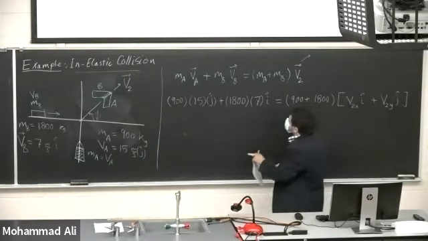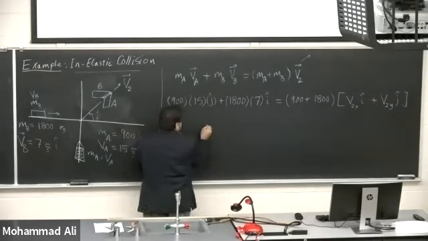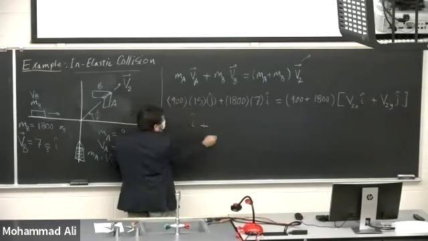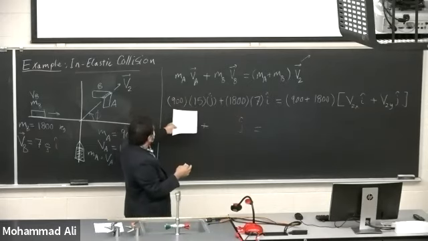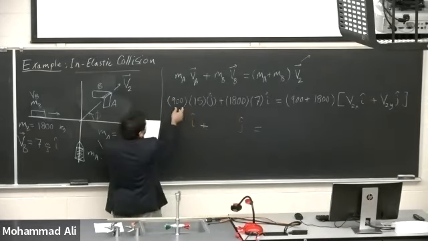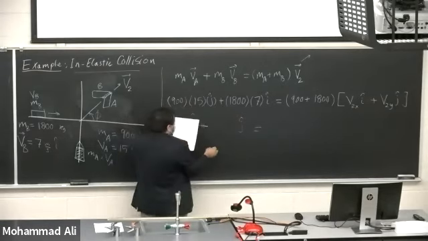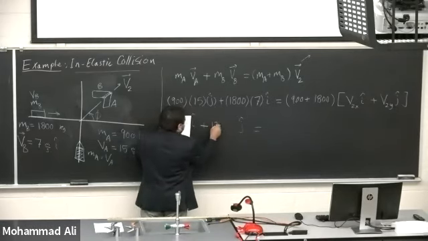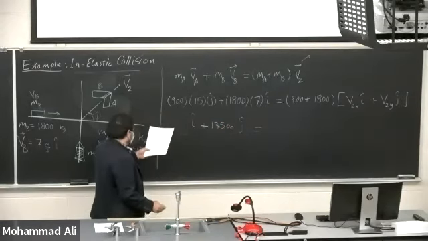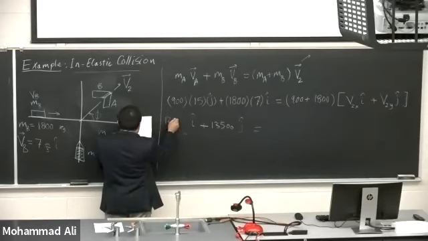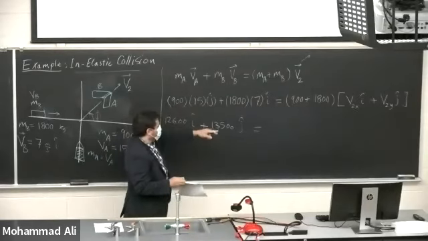It is simple. Now 15 multiplied by 900 in the J direction, and the 7 in the I hat. This is all together mass multiplied by velocity, which is momentum. It is 13,500 in J and 12,600 in I, kilogram meter per second, the unit for that.